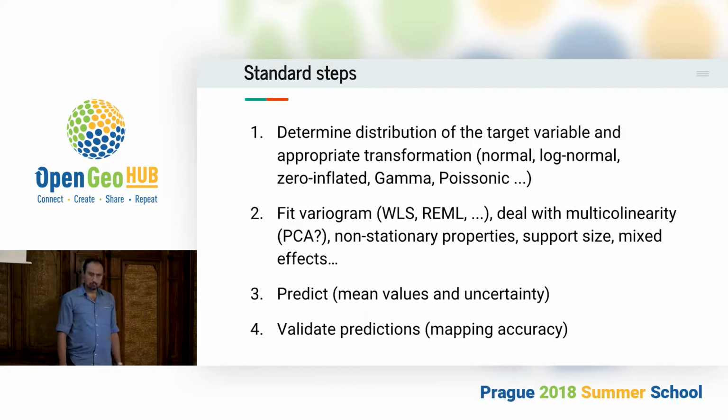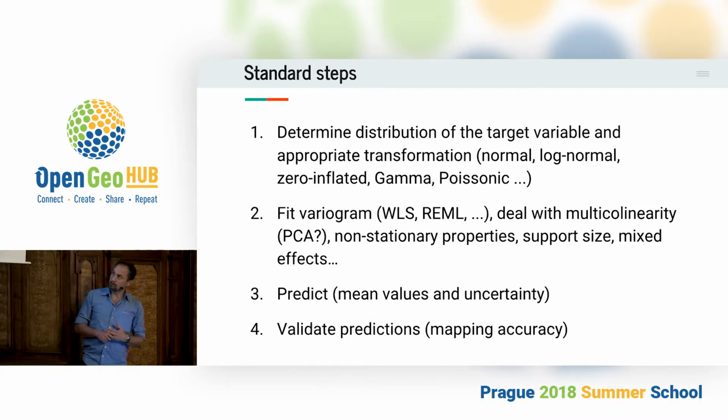Then you fit the variogram, which is standardly done using REML or weighted least squares. Then you can plug in some covariates, and you have to check for multicollinearity, so maybe you have to do principal component analysis. There can be some mixed effects.